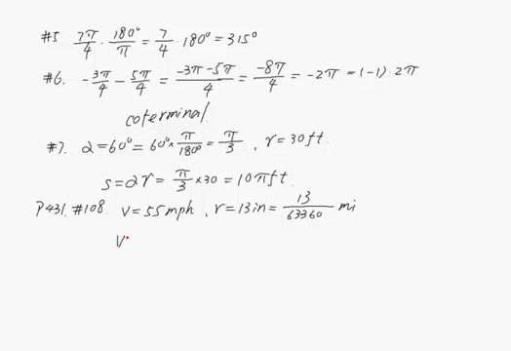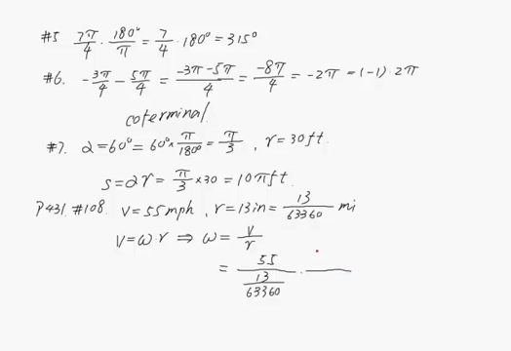So now we know linear velocity is equal to angular velocity omega times radius. Then we divide both sides by r, and we get angular velocity, which is equal to linear velocity divided by r, and then this is equal to 55 divided by 13 over 63360.